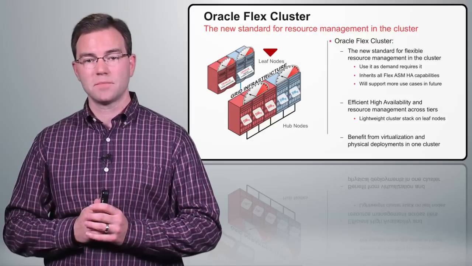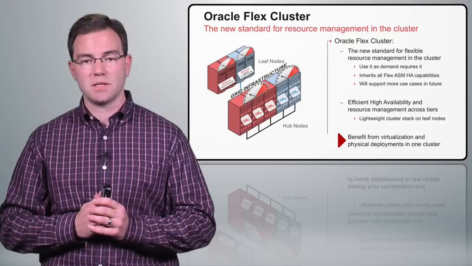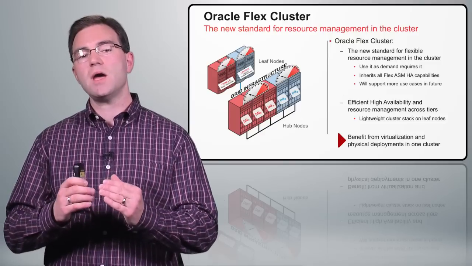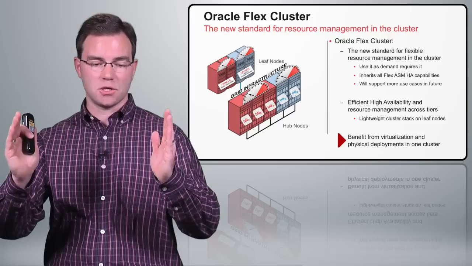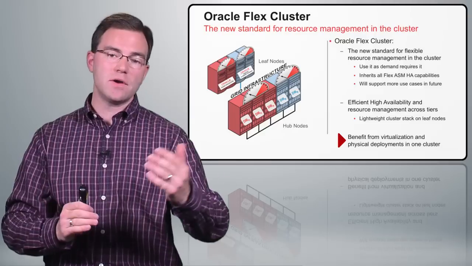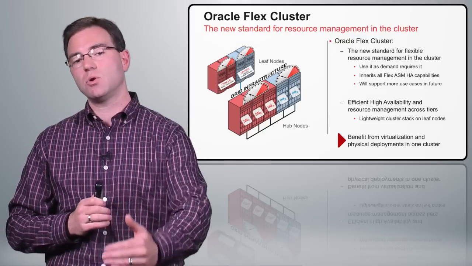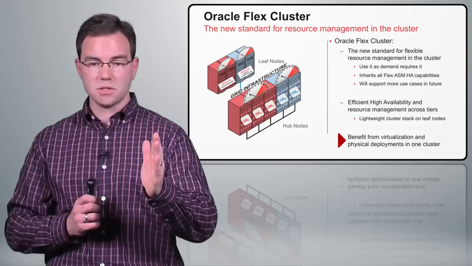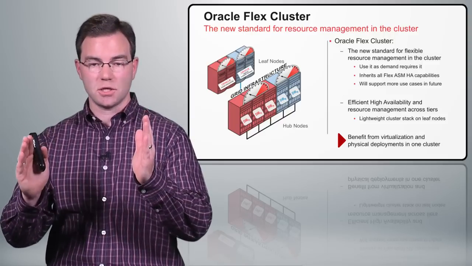In other words, in traditional cluster environments such as the Oracle cluster based on Oracle Clusterware, you could either have all your nodes being physical nodes or all your nodes being virtual nodes. However, our customers tell us that they would like to run their applications on virtual nodes and the databases on physical nodes.